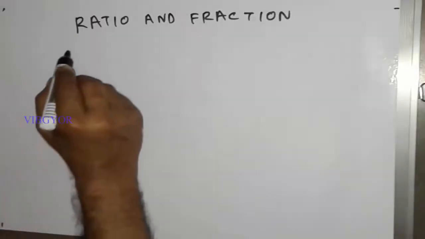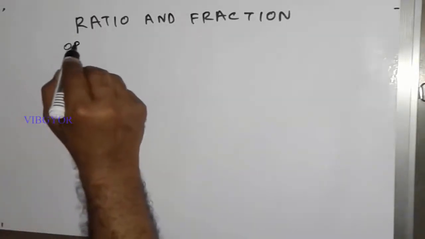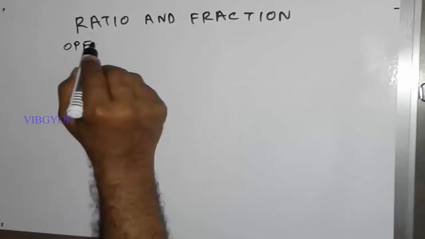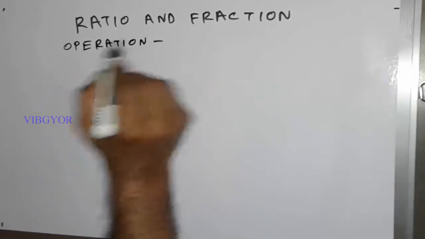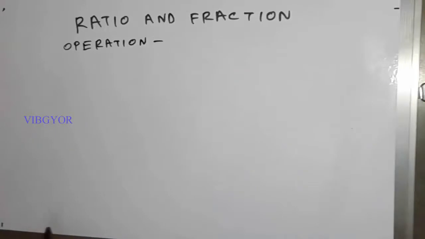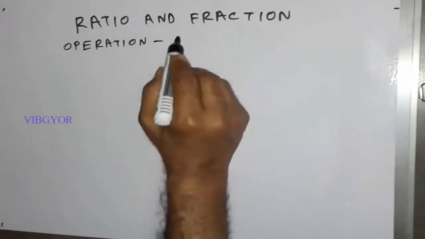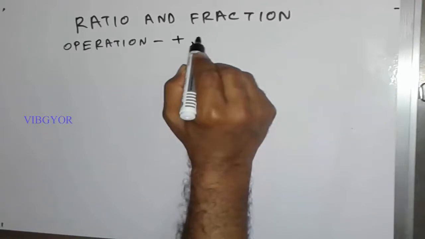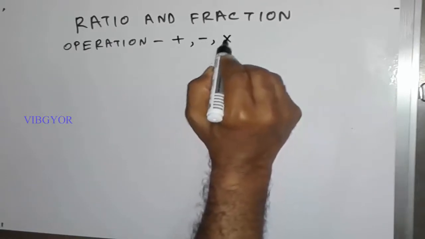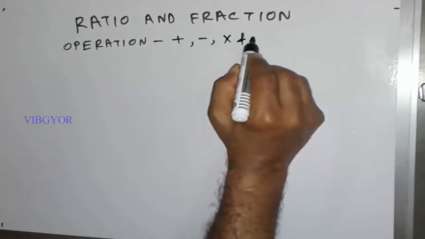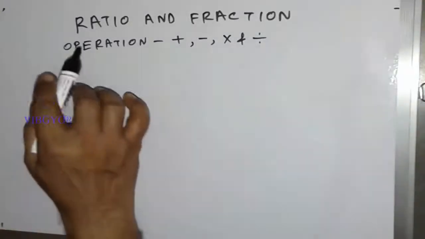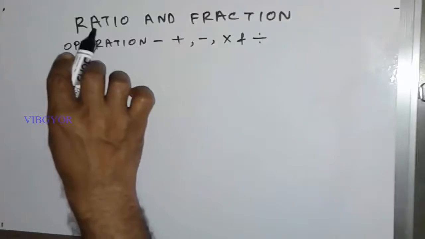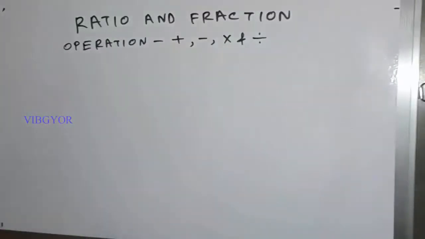Here by operation we mean only four things, that is plus, minus, multiply, and divide. But there is no relation between ratio and these operations, so ratio is fully non-operational.